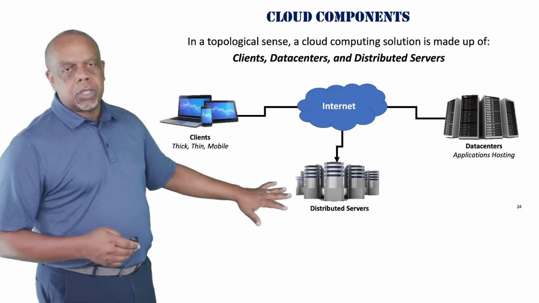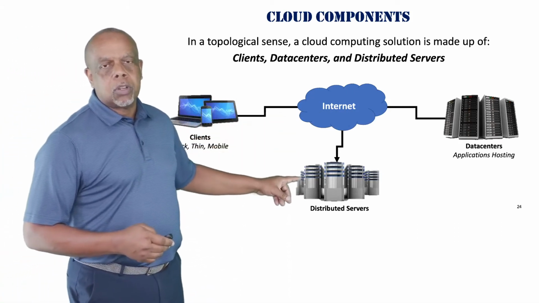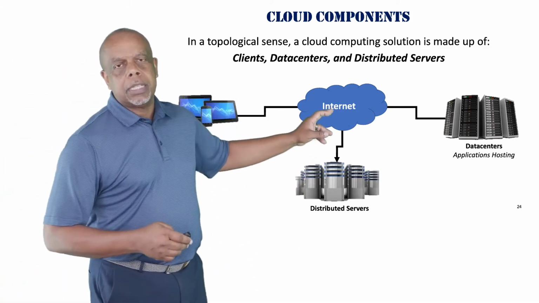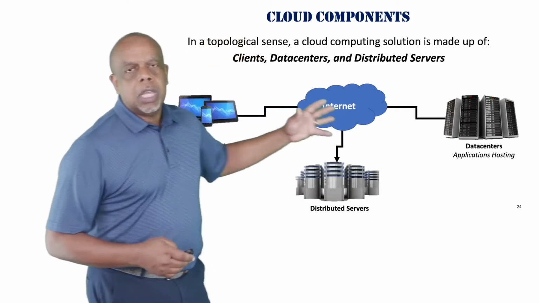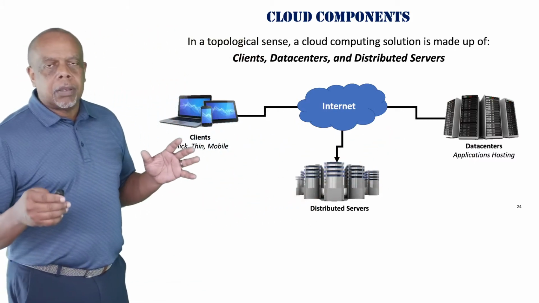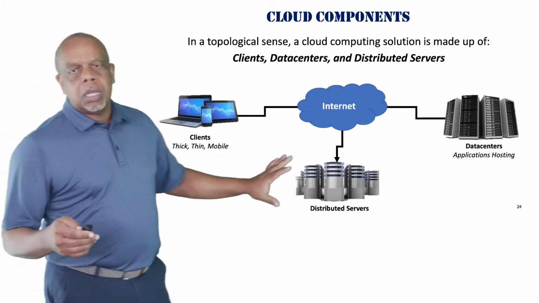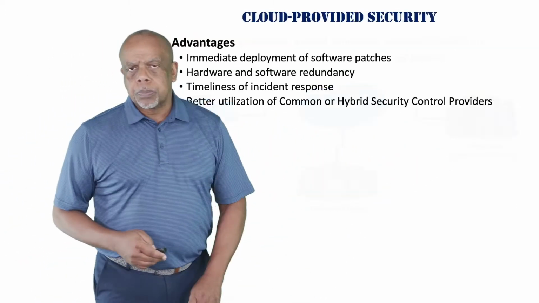They're the ones that do the adjudication. So if I want to get to a certain service, I go to that distributed server. That distributed server says, you need to connect to this data center to access that application. So those are the three basic cloud components: clients, data centers, distributed servers.